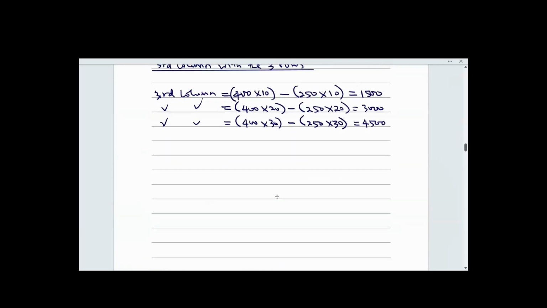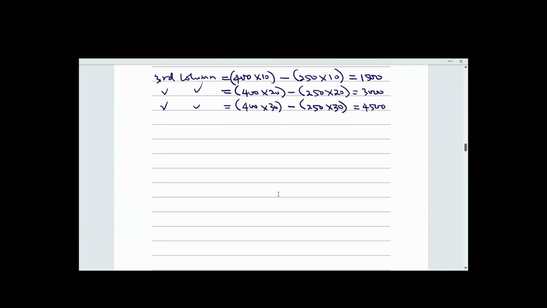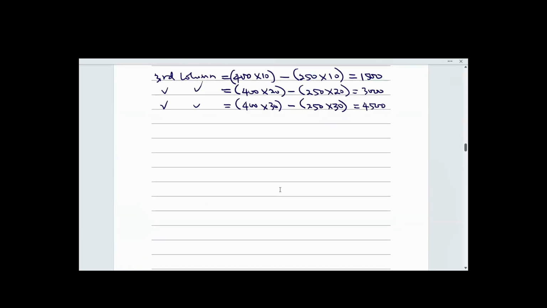So let's move on here. Now that we have constructed the payoff table, you then need to evaluate using different criteria. So the first one is Maximax. So Maximax decision rule.